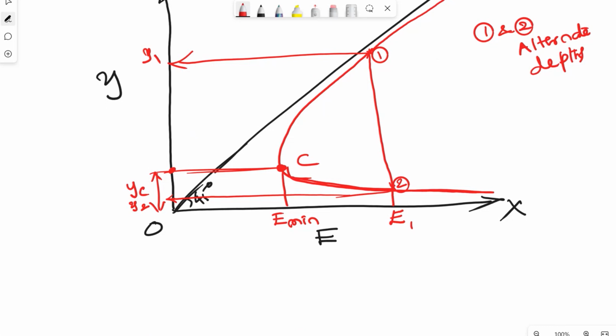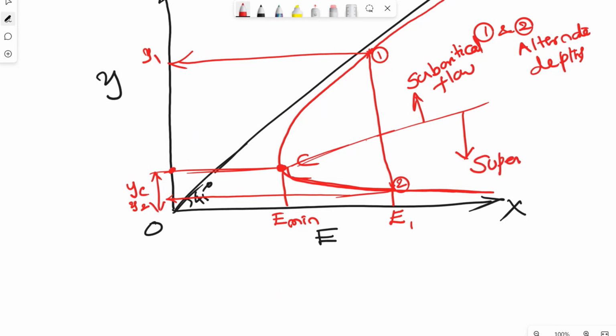Above the critical region, this is all subcritical region, that's what I have shown. This is supercritical flow. At all the places where the depth of flow is less than critical depth, the velocity is more than critical velocity.